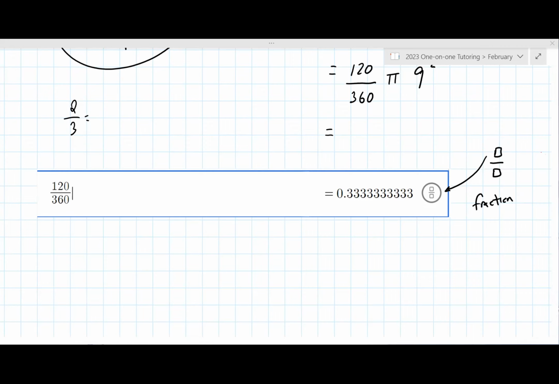Okay. I pressed A divided by B. Okay, did you put in 120 over 360? I'm putting it down. Yes, I already got it down. Okay, what is the fraction?